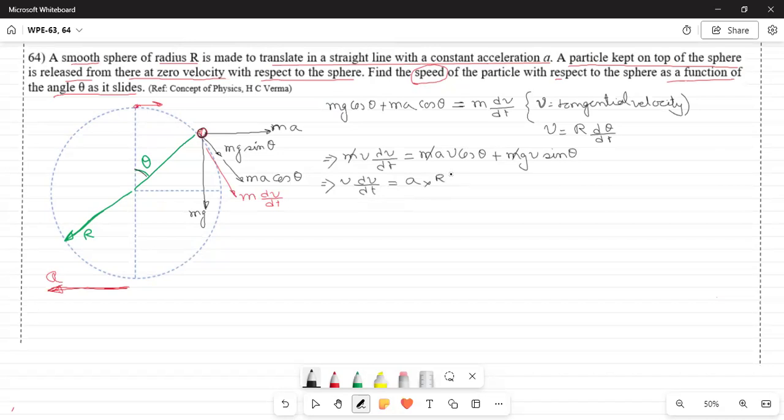So we write r d theta dt multiplied by cos theta plus m got cancelled, g, v is again r d theta dt, sin theta into sin theta.